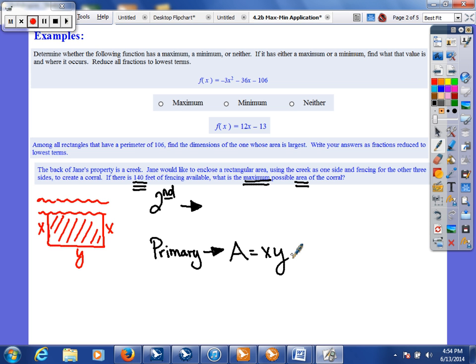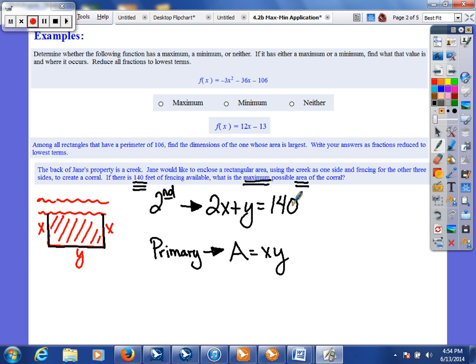If we put up 140 feet of fencing, that would be the perimeter of that corral, other than the water. So really it's the perimeter minus one of the long sides. So we have two x's plus one y should equal the 140 feet of fencing.